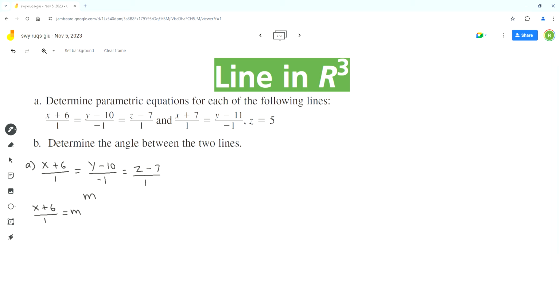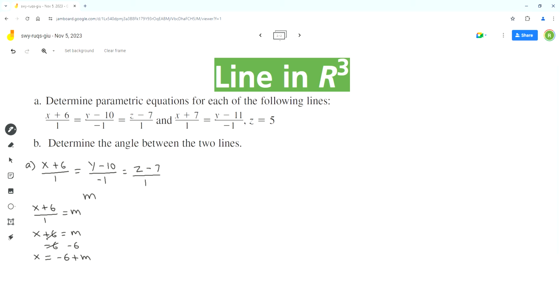X plus 6 over 1 is equal to just x plus 6. Now we can isolate x by subtracting 6 from both sides. So this is the x parametric equation.